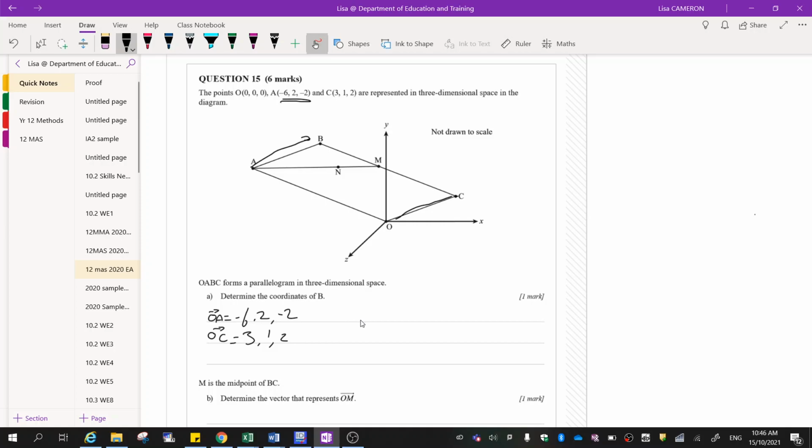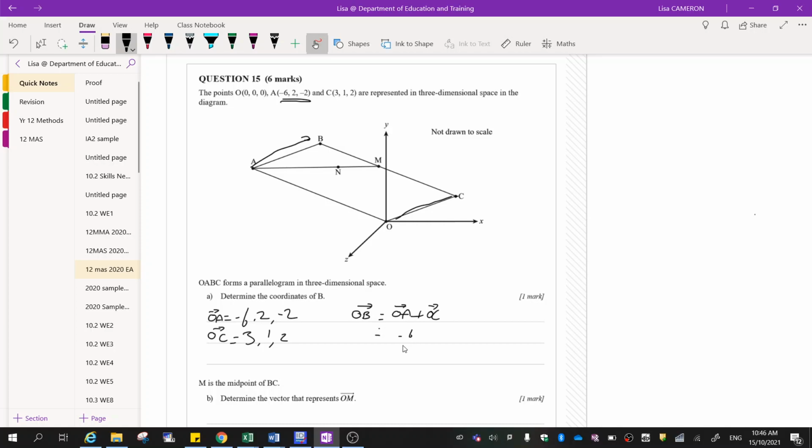Now, in order to work out OB, which is the same as just B because it's from the origin, that would equal OA plus OC, which means you would go, I'm going to do it in this form, just make it a bit easier.